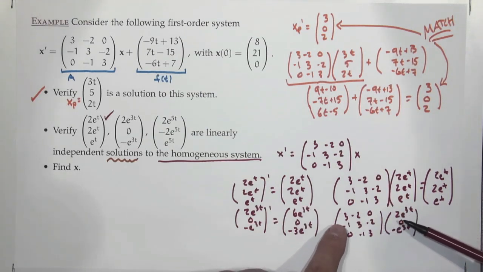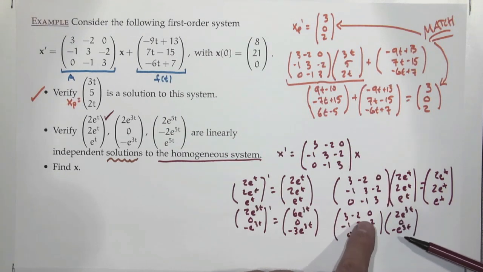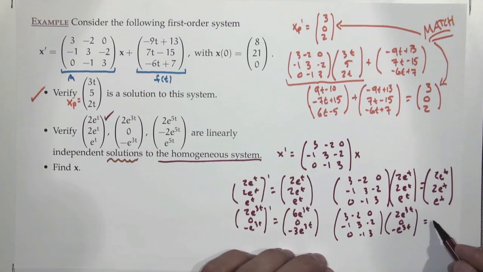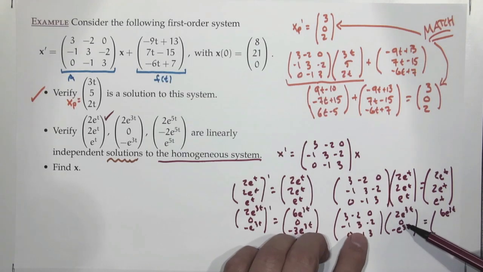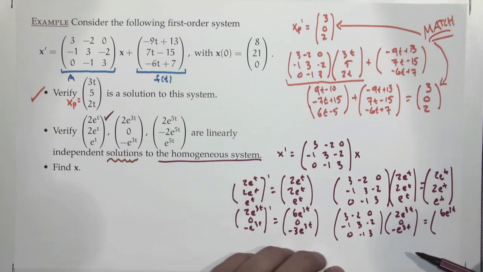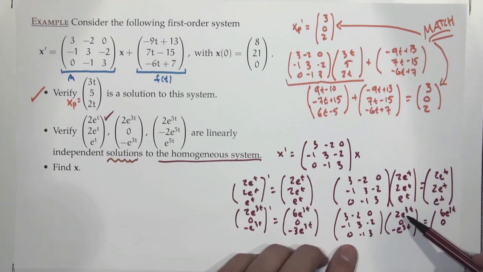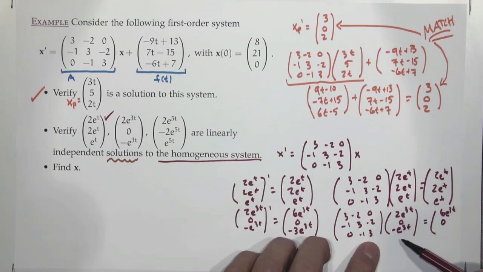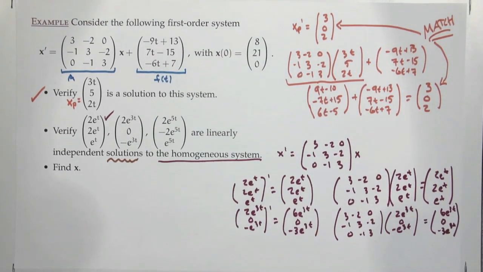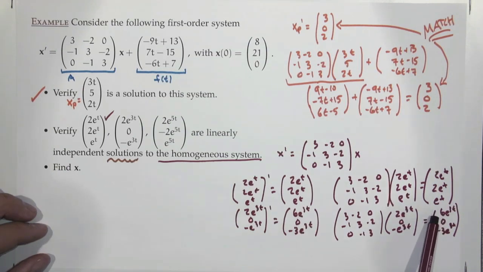That'll probably help. 6, 0, 0 together makes 6. Minus 2, 0, plus 2, 0. 0, 0, minus 3, minus 3. All right. So, do they match? The 6e to the 3t, 0, minus 3e to the 3t match 6e to the 3t, 0, minus 3e to the 3t. Yes.